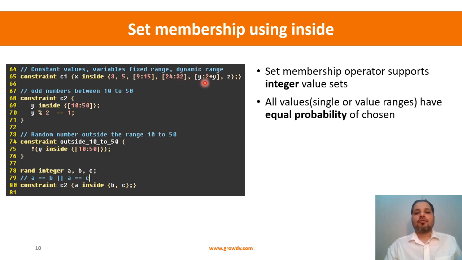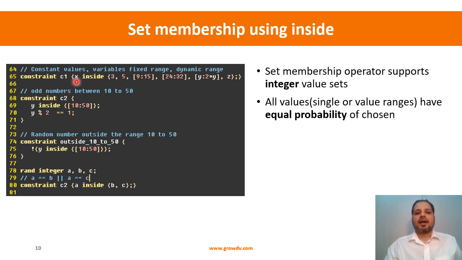Here, if you notice, I have a range which is made up of variables. These variables can be different rand variables, or you can have state variables. It's up to you, but the point is you can use variables in the range. So I can say y colon 2 times y, some equation for representing the range, and independently I can also use individual variables.